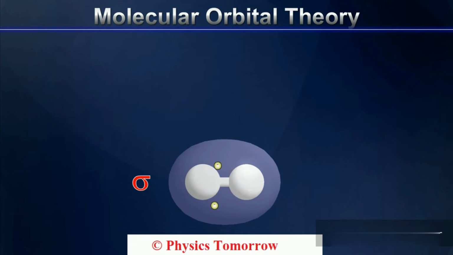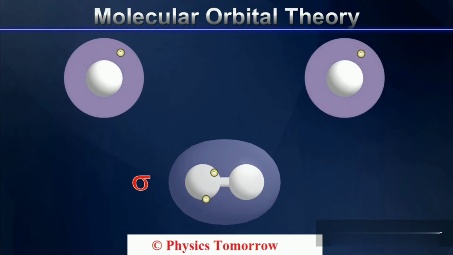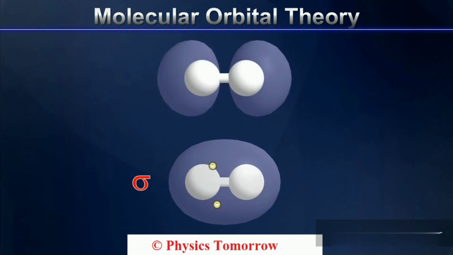But there's one rule that we haven't yet considered, and that is that the number of atomic orbitals going into an MO system must be equal to the number of molecular orbitals that that MO system contains. So our molecular orbital system is not yet complete in this depiction. We have one more molecular orbital that forms. That new molecular orbital is called a sigma star molecular orbital, and it looks quite different from the sigma MO, doesn't it?